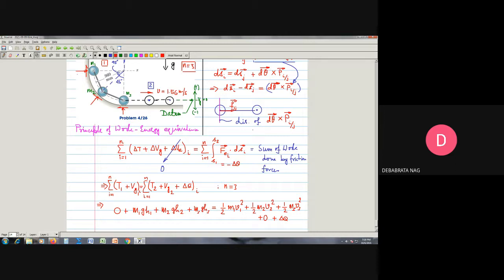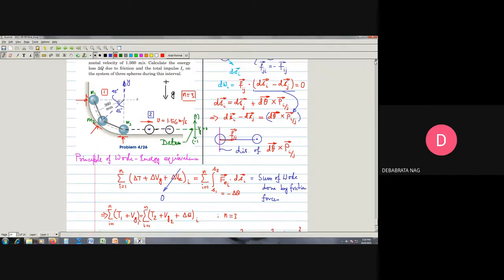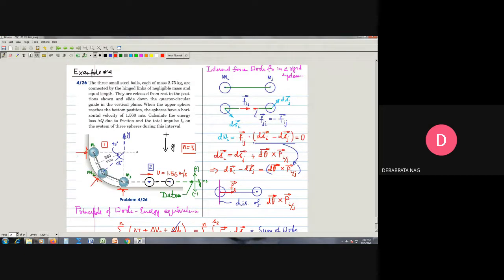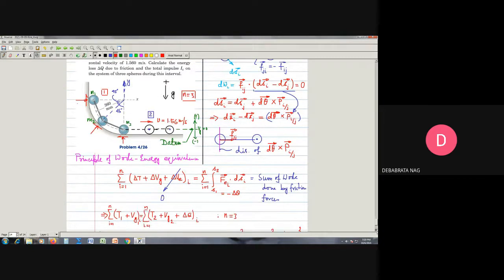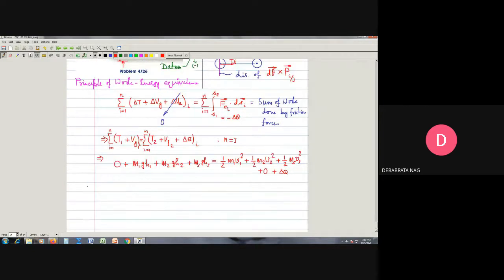Now we see here that all the masses are equal. Since the masses are all equal, I can simply write this equation in this manner: since M1, M2, M3 are all equal, let's say they are equal to M. So it is M into G into the sum total of these heights, H1 plus H2 plus H3.